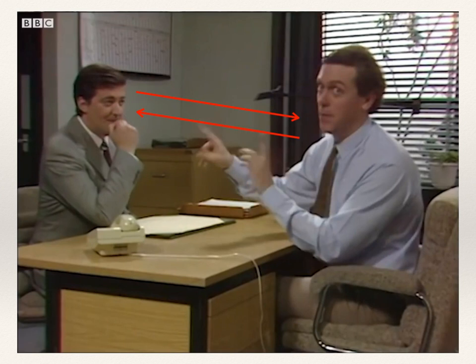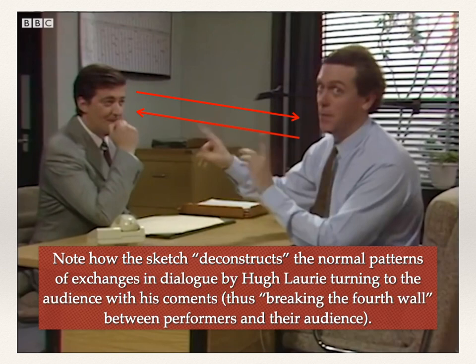What Hugh Laurie does here is deconstruct this normal pattern. Okay? And in technical terms, he breaks the fourth wall. The fourth wall is a wall between performers and their audience. Normally, in a play or a film, there is this wall and it's not broken. But sometimes actors, performers will turn to the audience the way Hugh Laurie does.